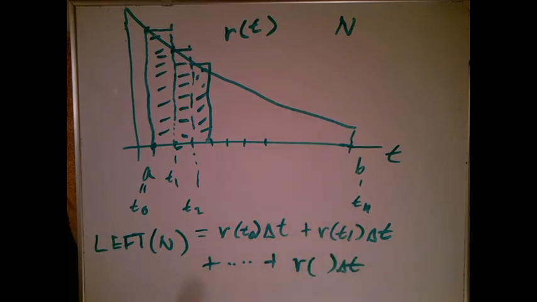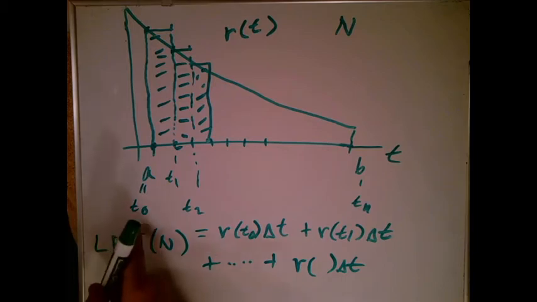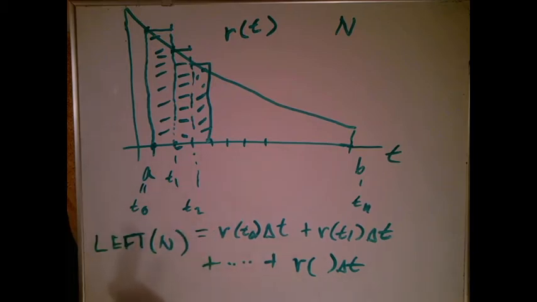You notice that the first rectangle had a 0 in it. The second rectangle had a 1 in it. When I get to the nth rectangle, I'm not going to have an n, I'm going to have an n minus 1. I'm going to put a little n minus 1 right here. And we have all the notation we need for the left Riemann sum. And that's how the picture goes.